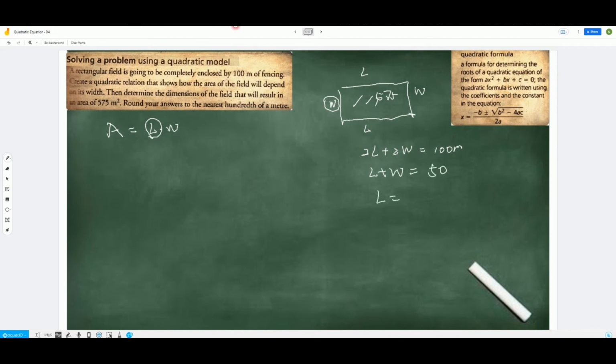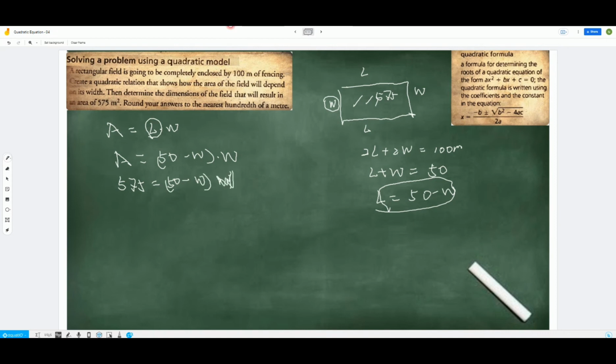So L equals 50 minus W. We substitute 50 minus W for L, so (50 minus W) times W equals A. Here A is 575, so 575 equals (50 minus W) times W. This is the correct equation, right?